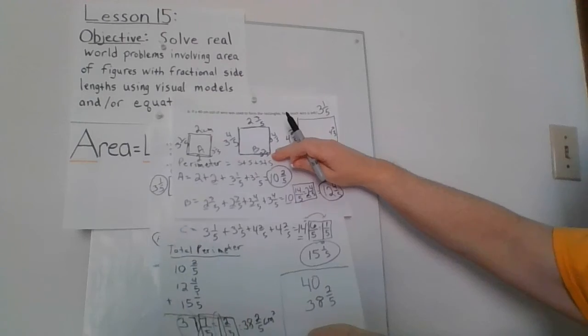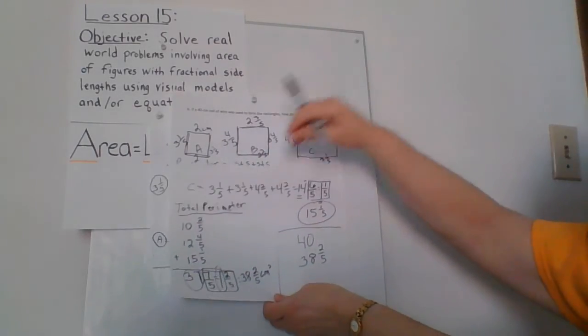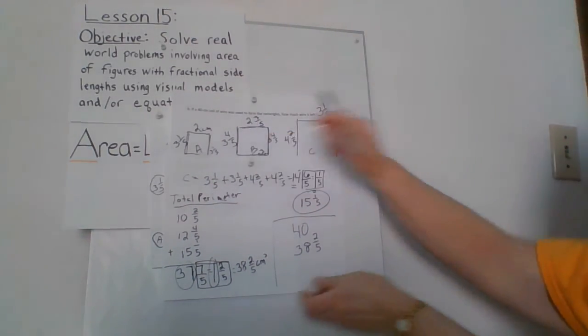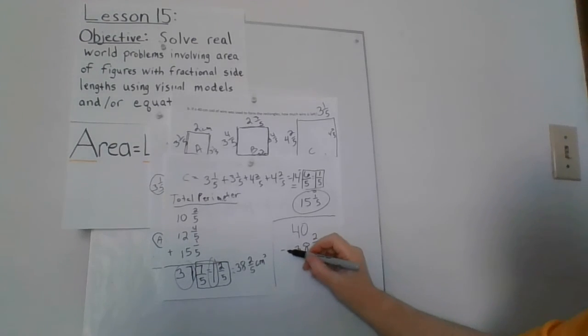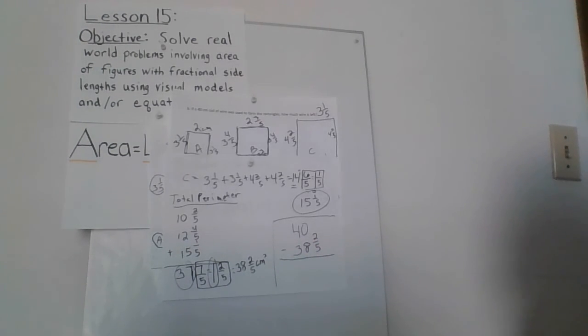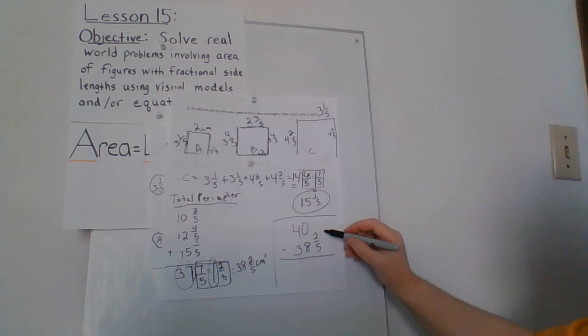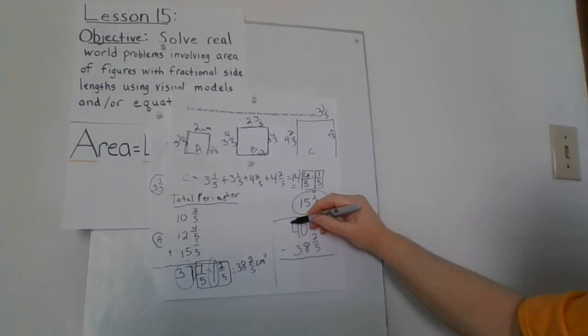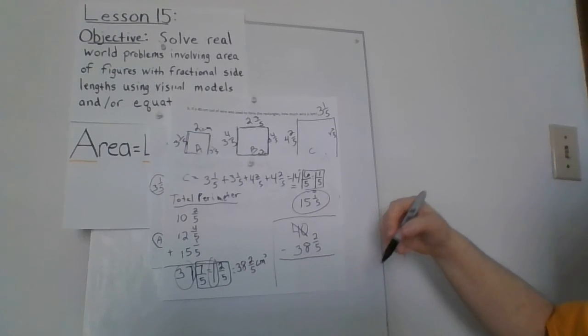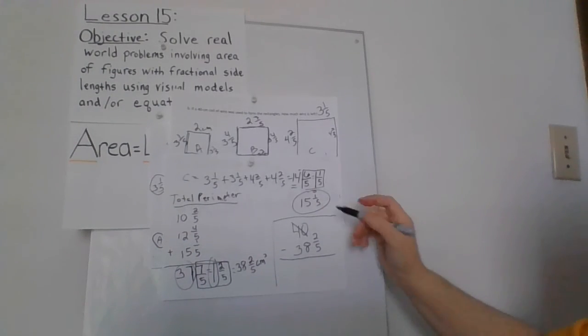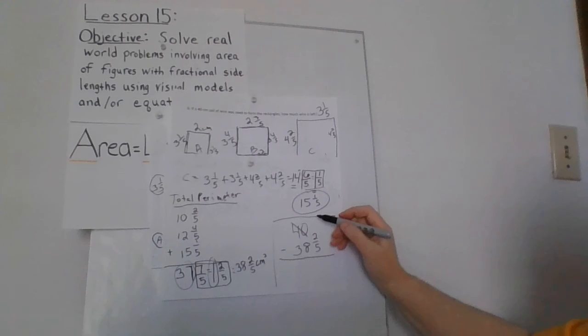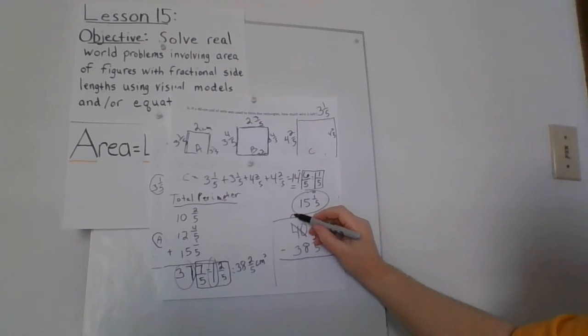Now, in order to find out how much is left, that means I'm going to be subtracting. So I can't subtract 2/5 from nothing, so I have to go over to the 40, and I'm going to regroup it by taking 1 away, so that will make it 39.